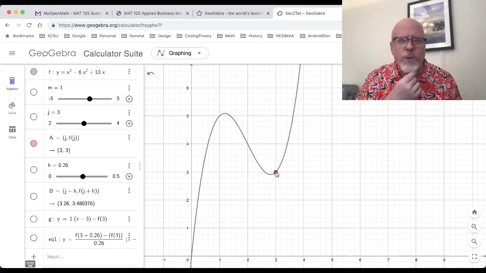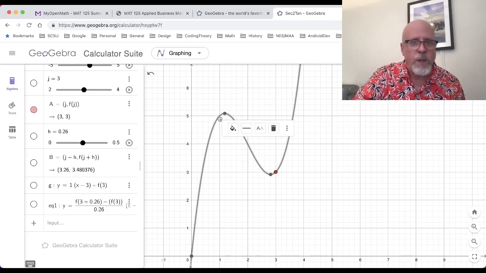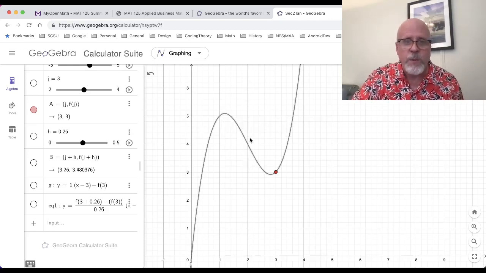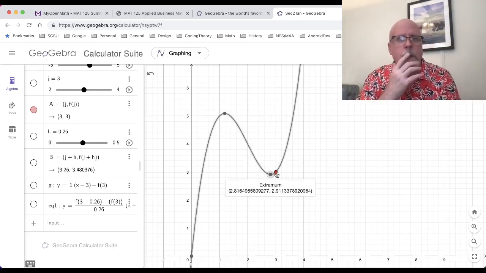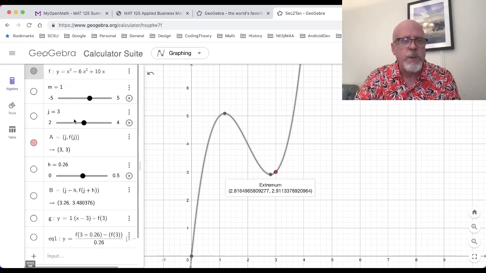There's a few other grid points on this graph, like up here. Well, I can't quite click on it because it wants to go to the extreme value. What is that? (1, 5) is a grid point, or this one, (2, 4) is a grid point. But let's look at our (3, 3). Now, you'll notice the way I have put that point in there is bizarre.